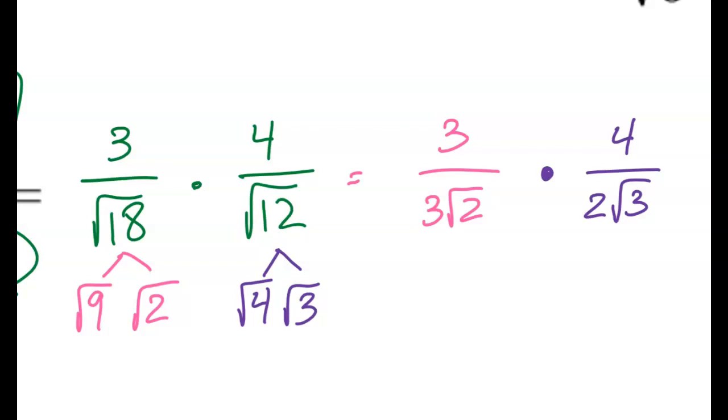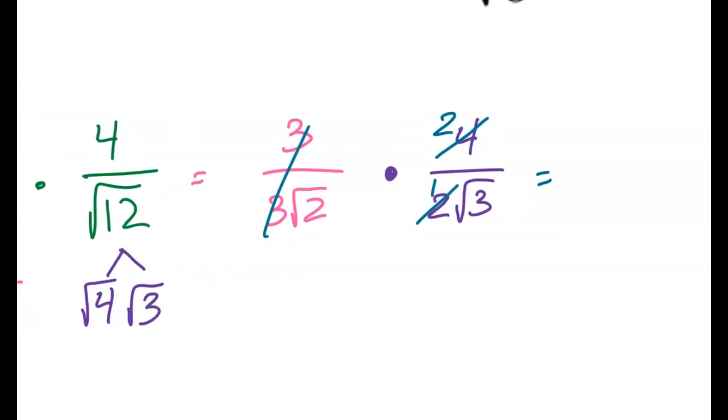Before you multiply, looking at these individually, yes, you can simplify these fractions. Look, those 3's cancel. And look, what goes into both 2 and 4? 2 does. 2 goes into 2 once, 2 goes into 4 twice.